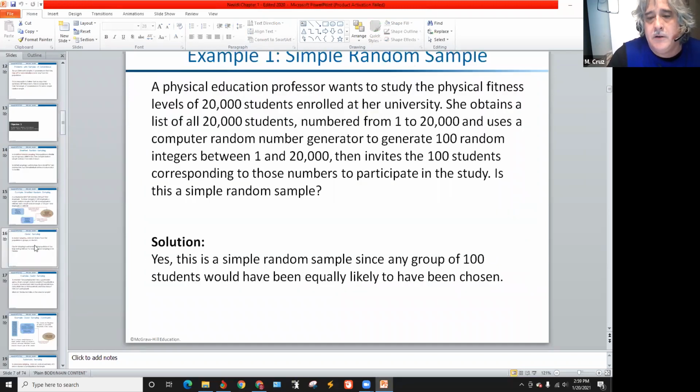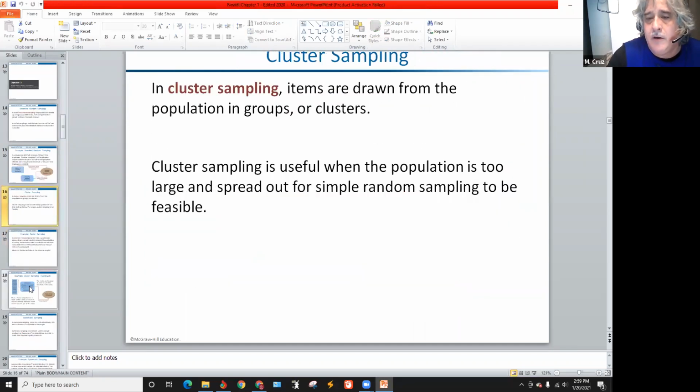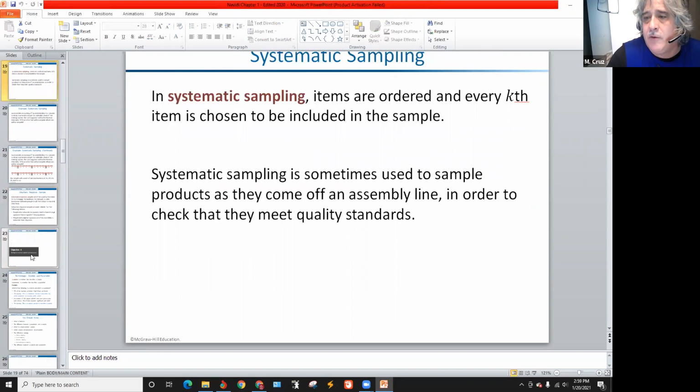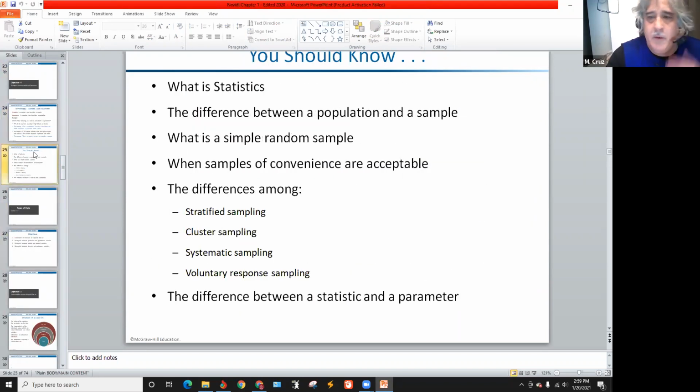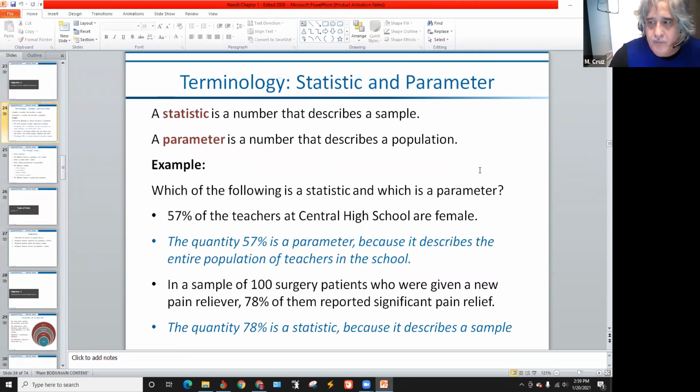All right, I'm not going to talk about the different kinds, but let me mention this. The reason this course is called statistics is that, for the most part, we're calculating on samples.